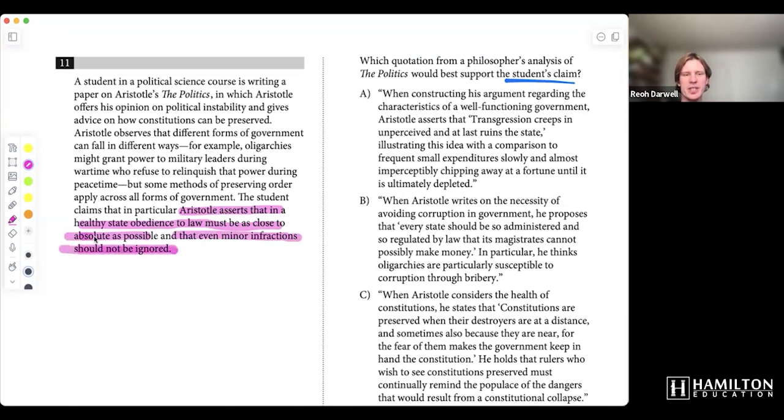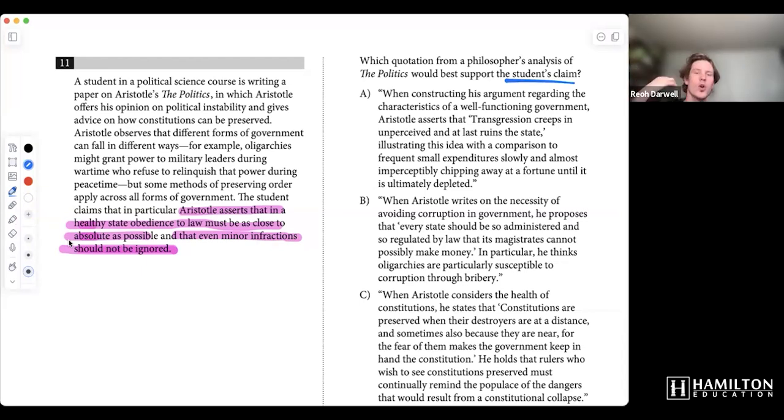So this isn't the student's claim, this is Aristotle's claim. The student is claiming that Aristotle claimed this. Aristotle claims that in a healthy state, you must follow the law perfectly, and minor infractions cannot be ignored.